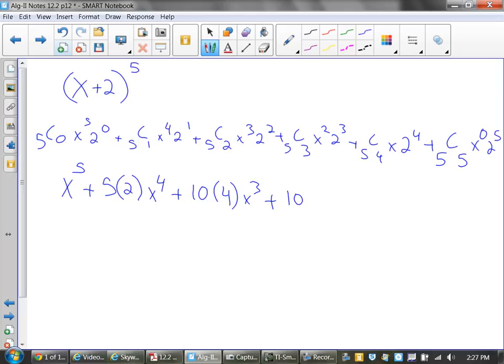This is 5, 4, 3, 2, 1. This is 3, 2, 1. This is 2, 1. These drop. 5 times 2 is 10. Other one: 2 times 1, 3 times 2 times 1. This is 5, 4, 3, 2, 1. The 3, 2, 1 drops. 2 drops out of here. 5 times 2 is 10.